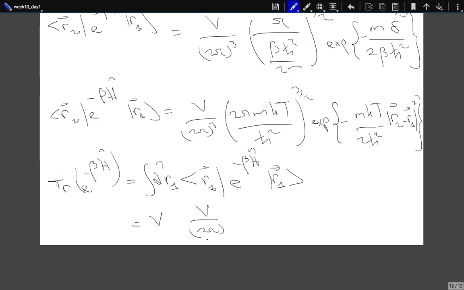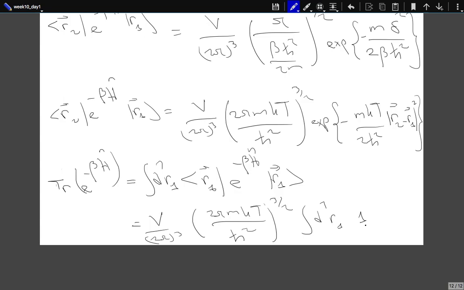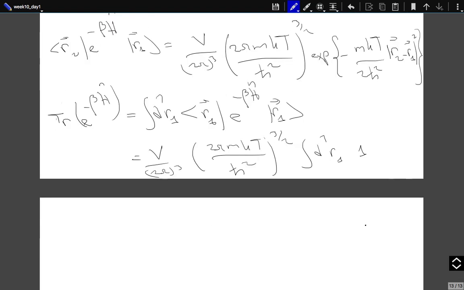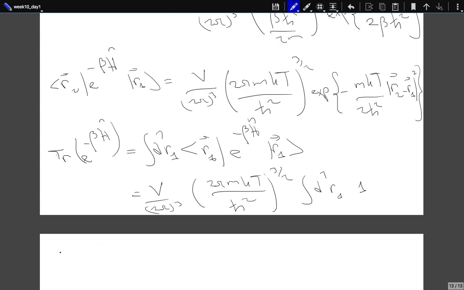Now let me rewrite it slightly differently: V over (2 pi) cubed, (2 pi m kT over h bar squared) to the power 3/2, times the integral of d cubed R1 of 1, because everything else in that matrix element I already took out of the integral. Now R2, rho, R1.